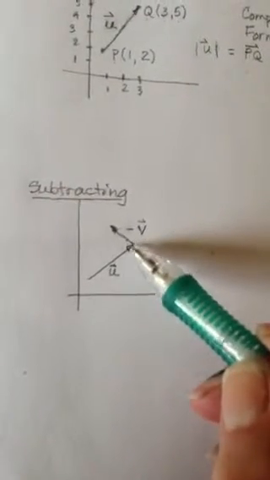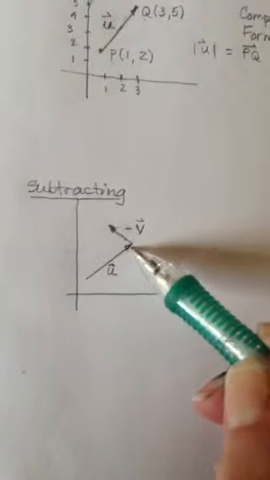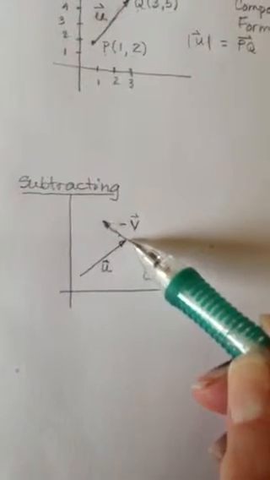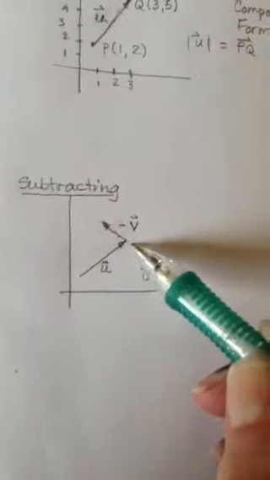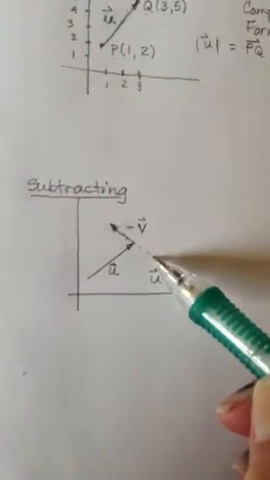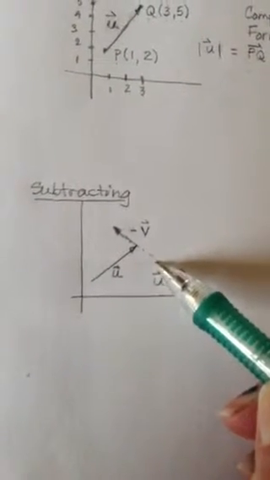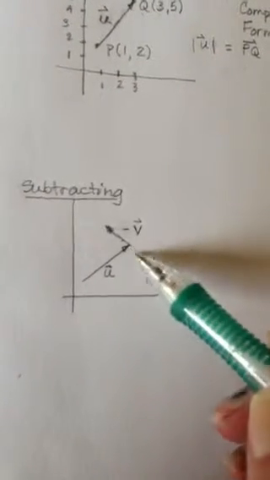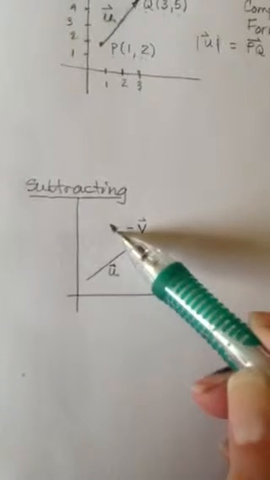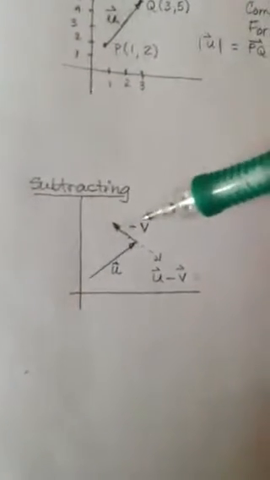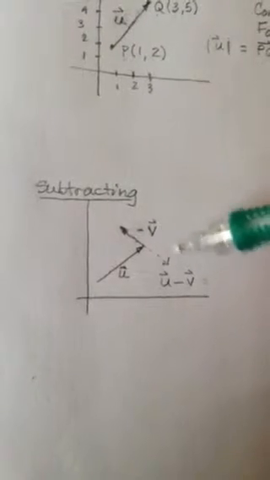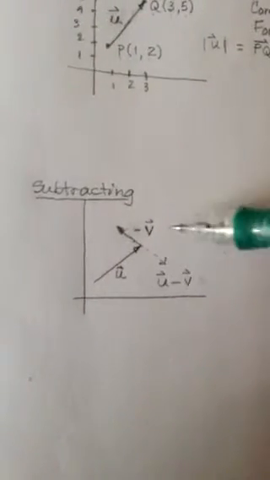In this case, you're going to take u, the same vector, and take the orientation of v and invert it, so v comes like this, and then you take the opposite direction, and you get the opposite of vector v.